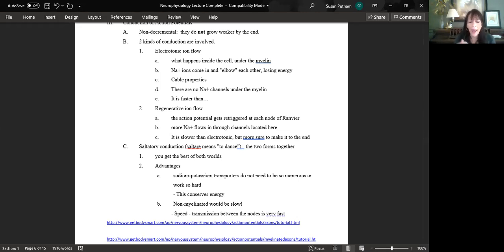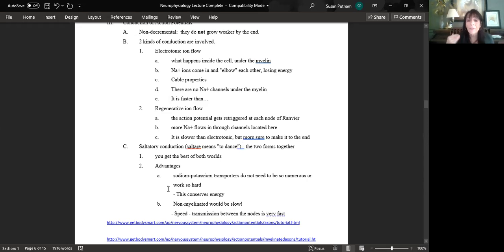And I could not figure out for the life of me, the way she described it, that saltatory conduction was basically not a separate kind of conduction, which is what it seemed like when I first learned about it. I sat down, thought about it, looked it up, read books, and then realized that it is the combination of these two forms of ion flow.